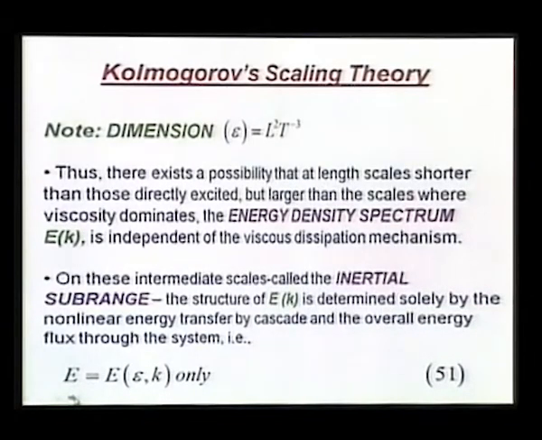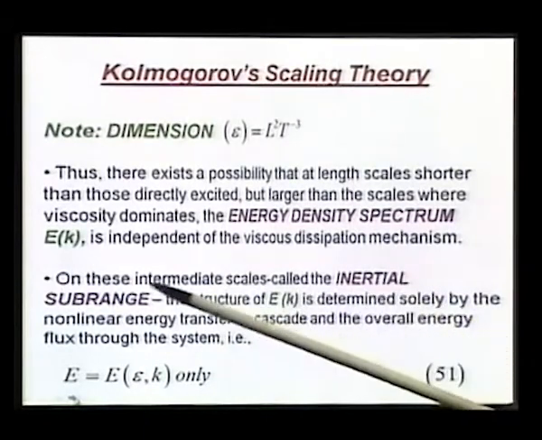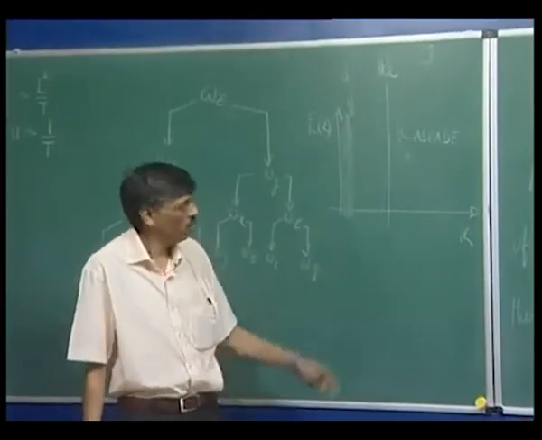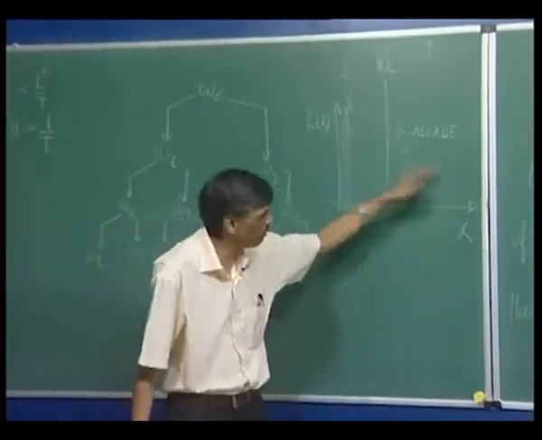So, if I am looking at this intermediate scale which I called the inertial subrange, the structure of E k is determined solely by the nonlinear energy transfer mechanism, how this cascade is going, how far it will go, whether it comes and stops here or whether it goes there.